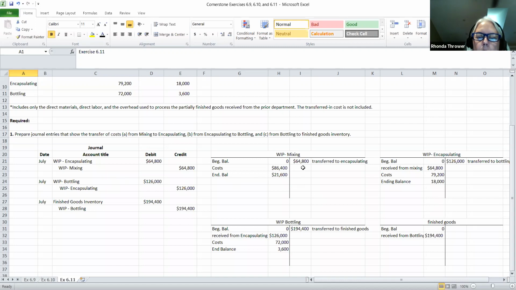You can see here that we've got a credit to mixing and a debit to encapsulating. So we debited encapsulating and credited mixing for $64,800. Then we transferred from encapsulating to the bottling department.